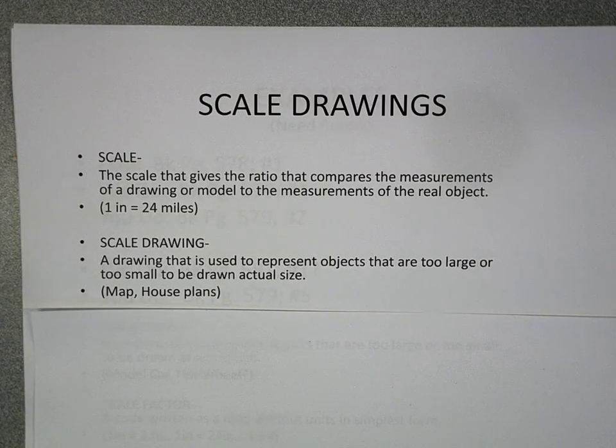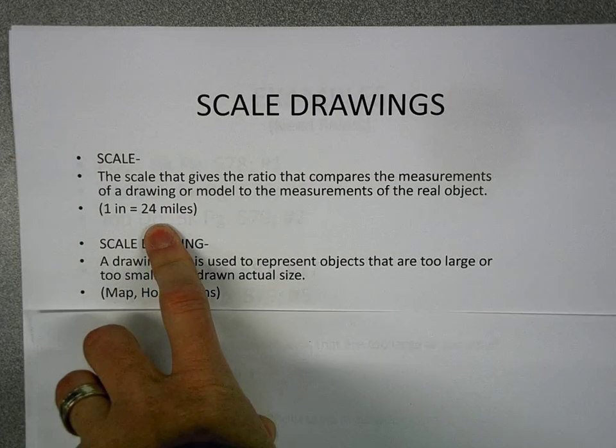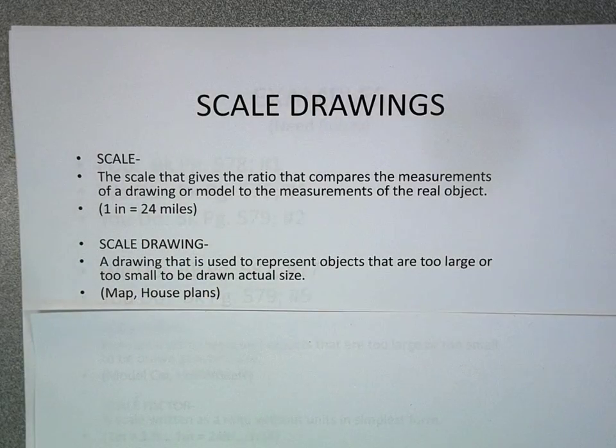The scale could have been something like 1 inch was equal to 24 miles. Meaning that on that phone, that length right there, 1 inch, in real life, if I was to drive that far, it would have been 24 miles. That's like being way up in the sky looking down at the little roads.